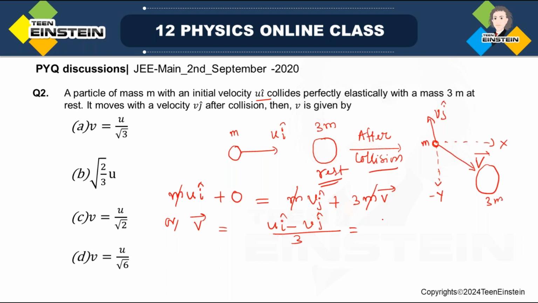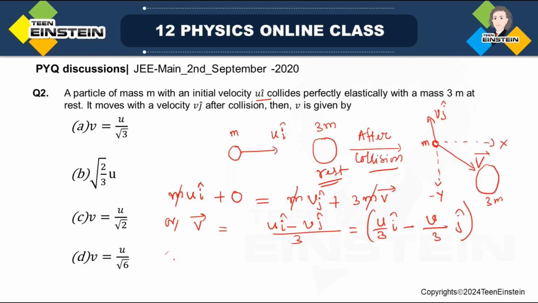Or in a simple way I can write this as u by 3 i minus v by 3 j. This is u, this is v. So this is the velocity of this bigger mass. Now things will be all right.